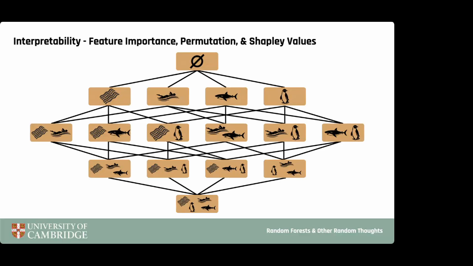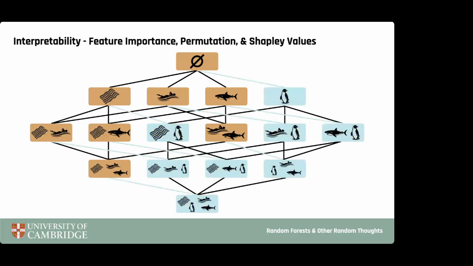So if we wanted to know how important it is whether or not you decide to dress up like a penguin and go swimming, whether that's going to get you eaten by a shark, we basically look at all of the models where we've added the penguin. That would be the null set plus penguin. That would be wearing bacon swimwear plus penguin. That would be wearing bacon swimwear and swimming in shark infested waters plus penguin.